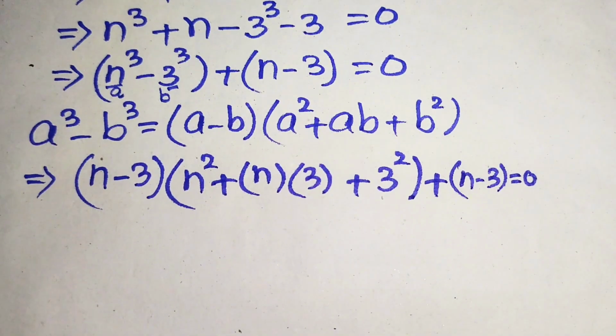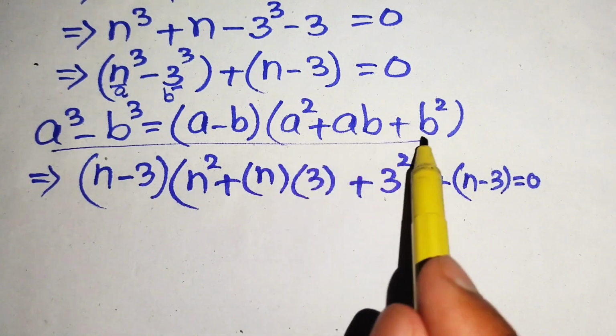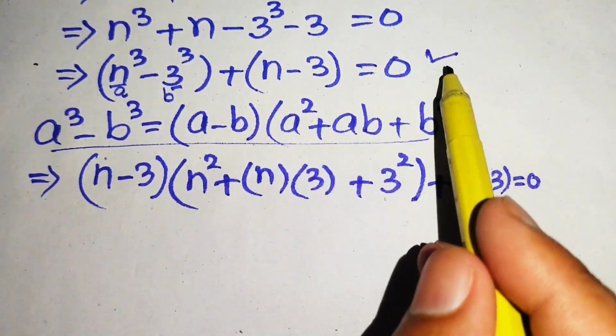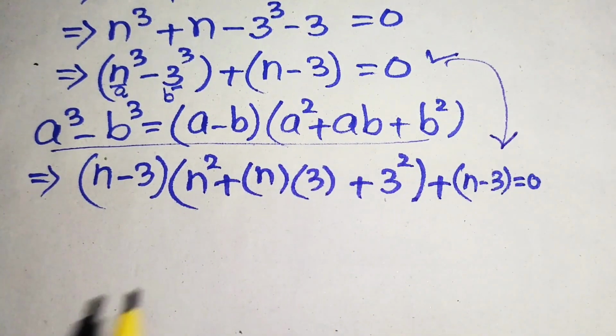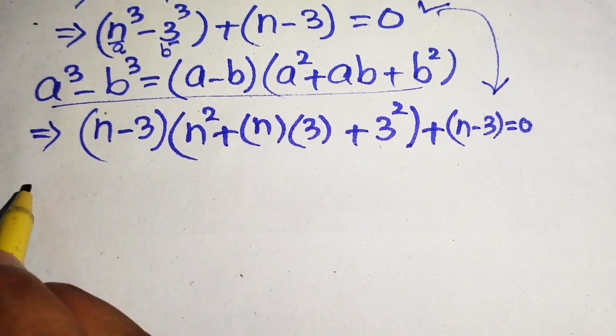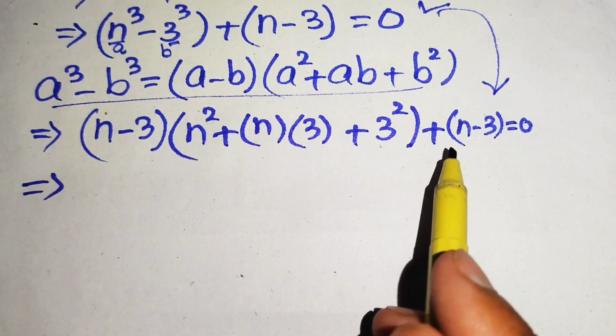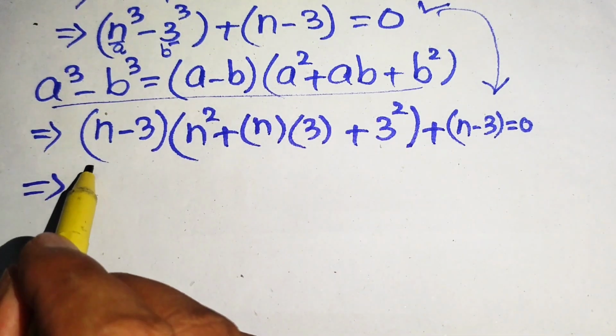So in this step we just apply this cubic formula to this term and we get its output in this equation form. So now we need more simplification, and if you focus on each of these terms, we see that n minus 3 is the common factor.